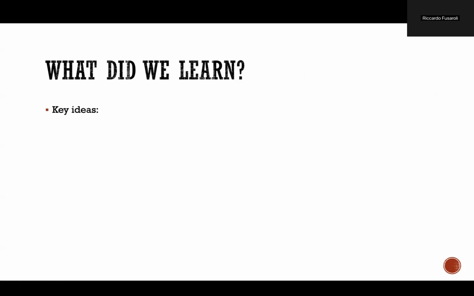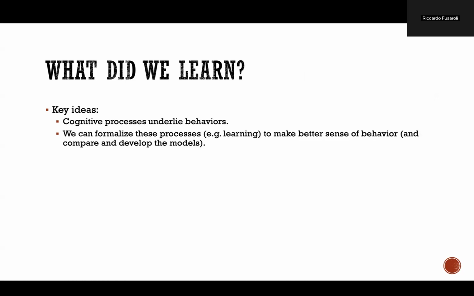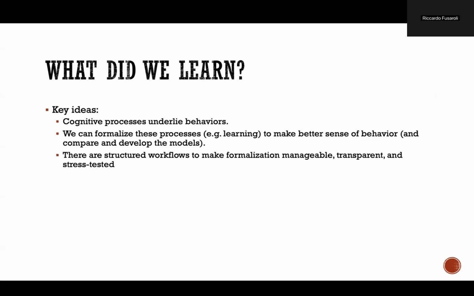And what did we learn? Some key ideas. Well, there's behaviors, but underlying the behaviors, there are different kinds of processes that we don't have direct access to, but we can hypothesize and test and corroborate with a multiplicity of sources of evidence. We can formalize these processes, for instance, learning, to make better sense of behavior, and then we can compare and develop the models.